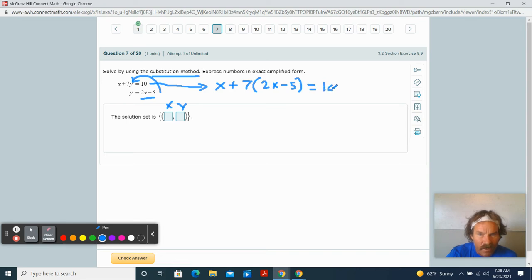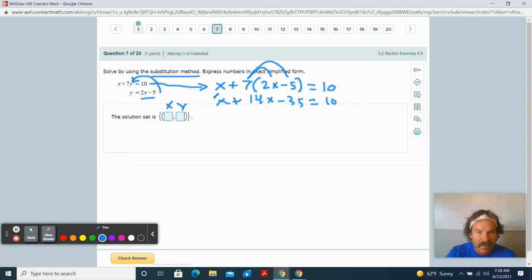Now I have one equation with only x in it, so I should be able to solve an equation for that variable. I have to use the distributive property. So this is going to be x plus 14x minus 35 equals 10.